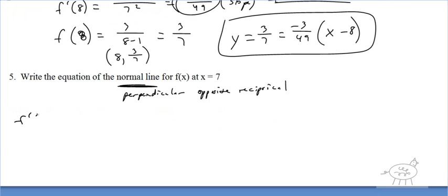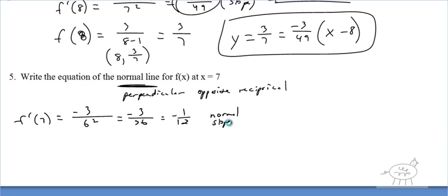So f prime of 7, that's the slope of the tangent line. That is negative 3 over 7 minus 1, or 6 squared. So negative 3 over 36, which is negative 1/12. Okay, that's the tangent line, so my normal slope is going to be positive 12.